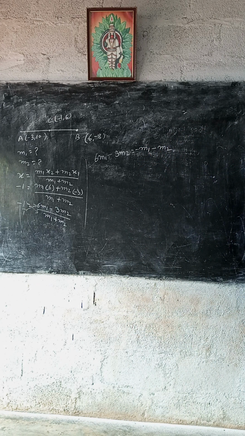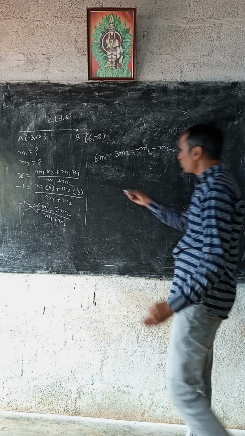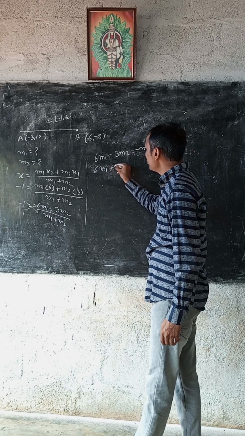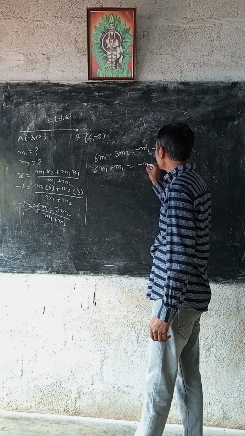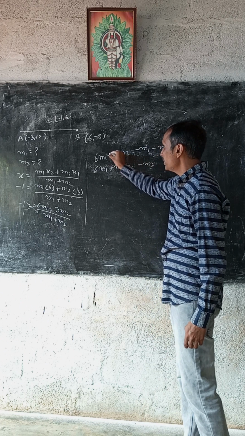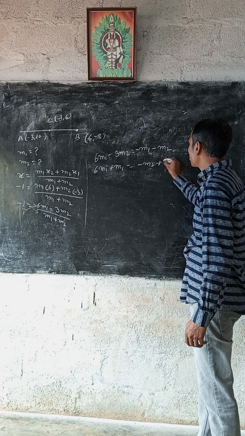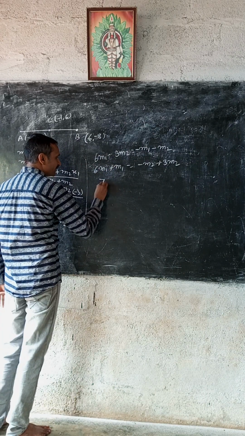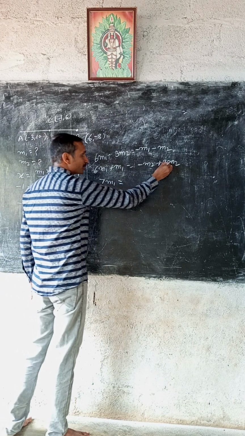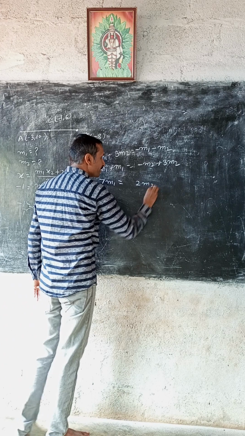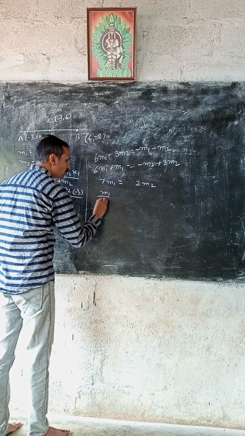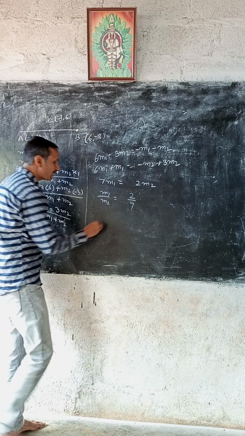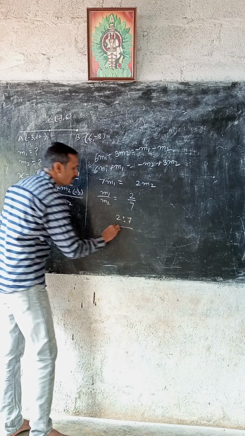Now take m1 to one side and m2 to the other: 6m1 plus m1 is equal to minus m2 plus 3m2. Now we can write 6 plus 1, 7m1, is equal to 3 minus 1, 2m2. So m1 by m2 is 2 by 7, which means the ratio is 2:7.